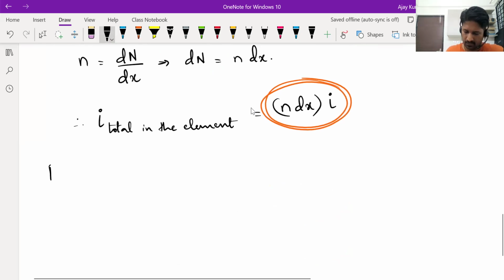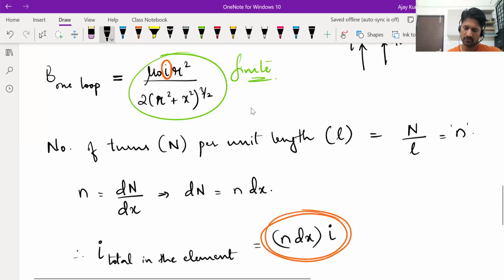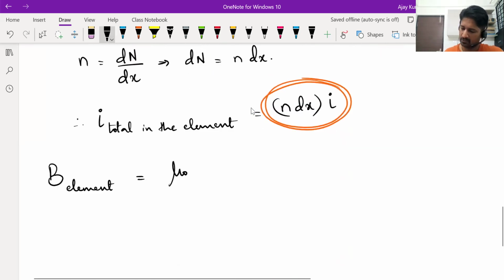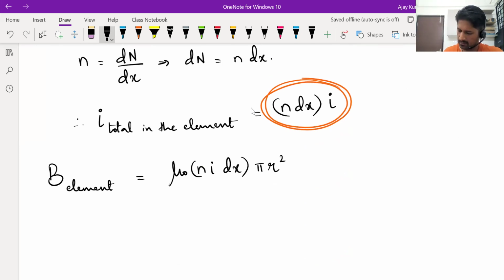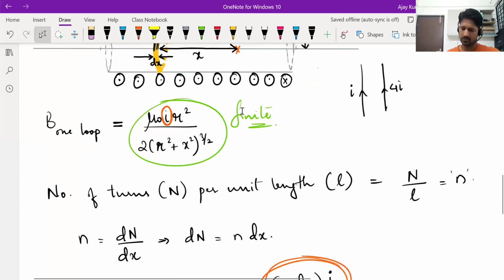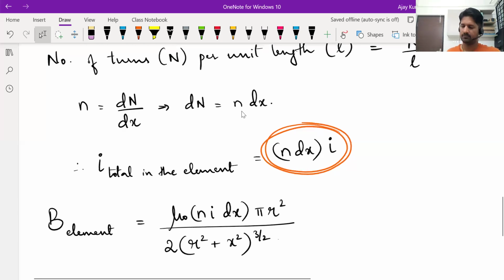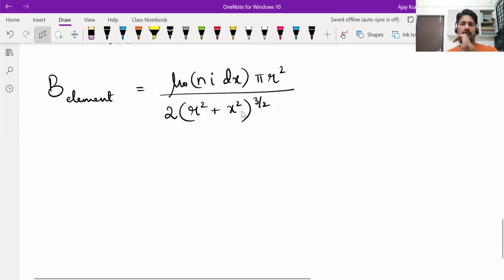Therefore, the magnetic field produced by the element becomes mu naught I into pi r square. In place of I, we'll now write n I dx into pi r square divided by r square plus x square whole power 3 by 2. Okay, there's a 2 also in the denominator. Fine. That is the field produced by one element.